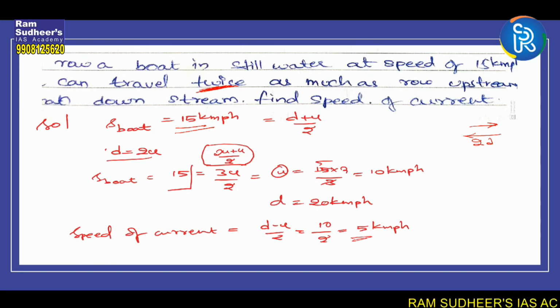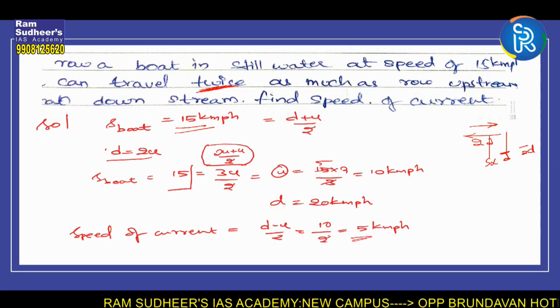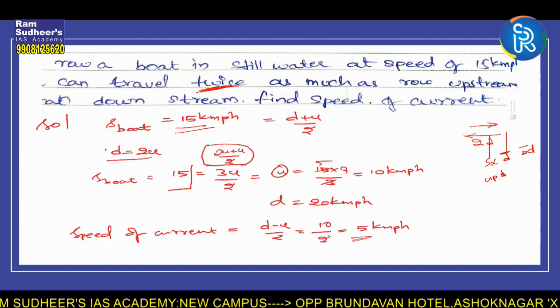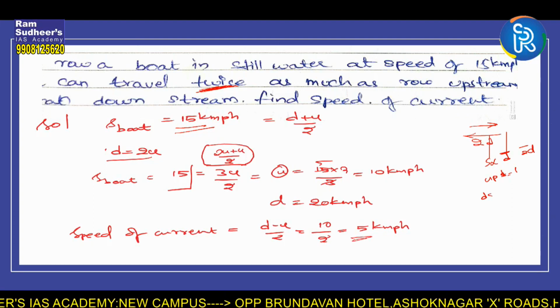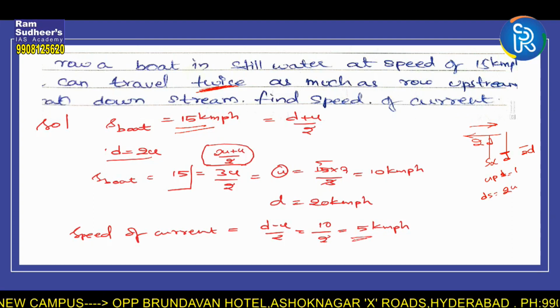Since speed is directly proportional to distance, if he travels upstream a distance d, downstream he travels a distance 2d, and therefore upstream speed is half of downstream speed, or downstream speed is twice upstream speed. I think this should be clear from the question.